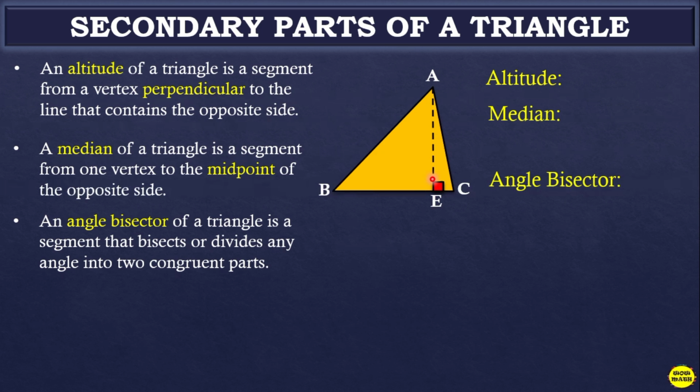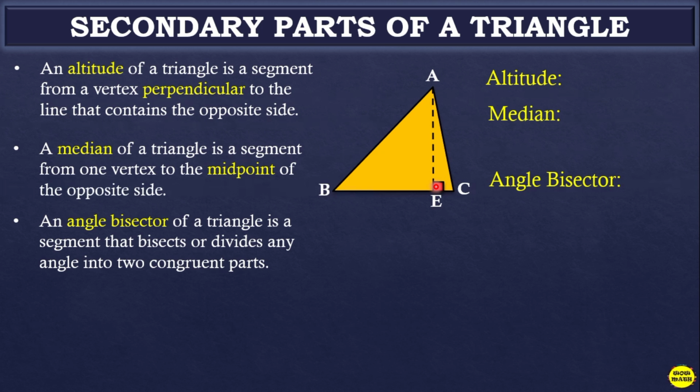Kung perpendicular, automatic, it forms right angle. Malalaman natin na that is an altitude kapag perpendicular siya. So pag may nakita tayong right angle, ibig sabihin that is an altitude.